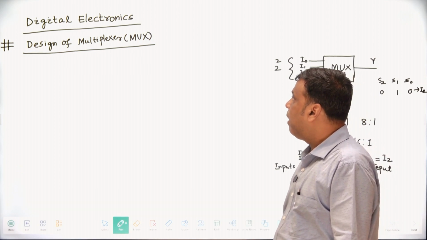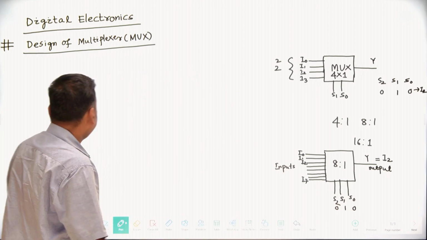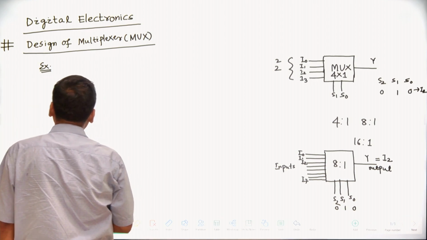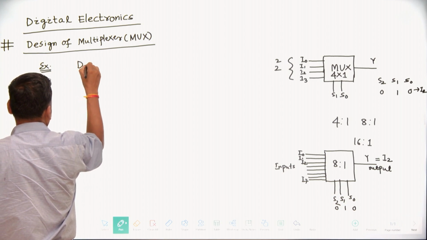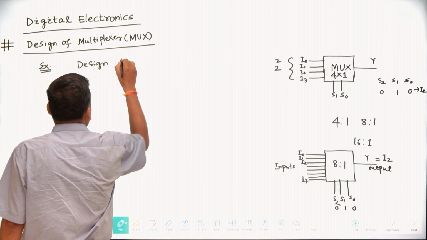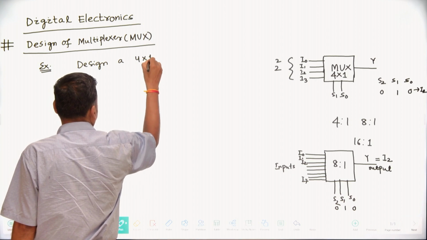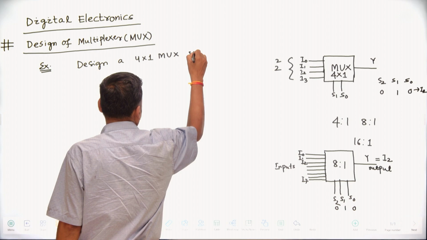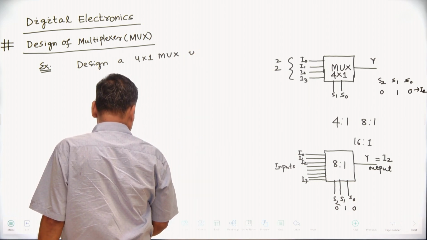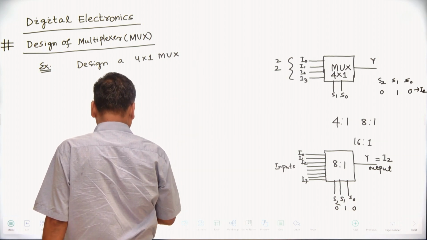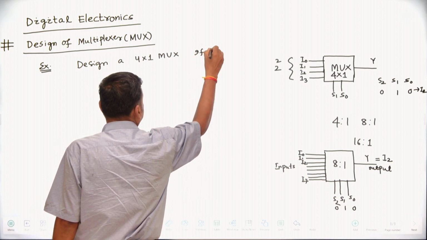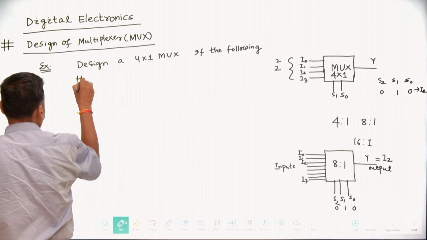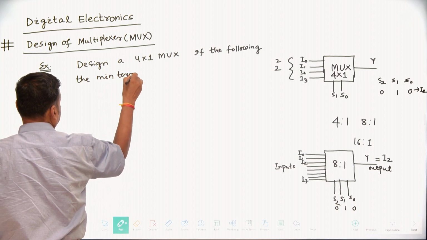A very important question as far as university examination is concerned: the question may ask you to design a 4:1 MUX if the following minterms are given.